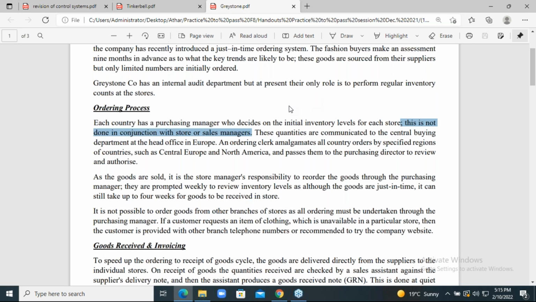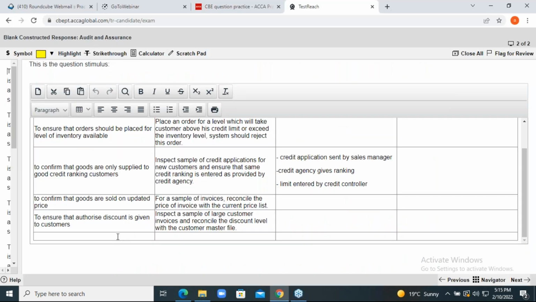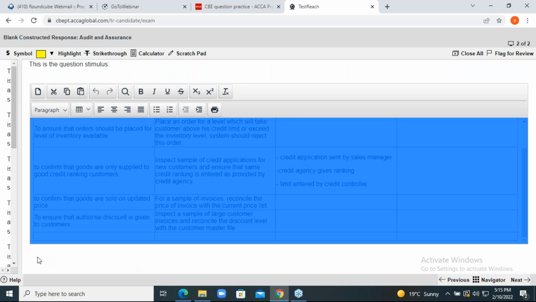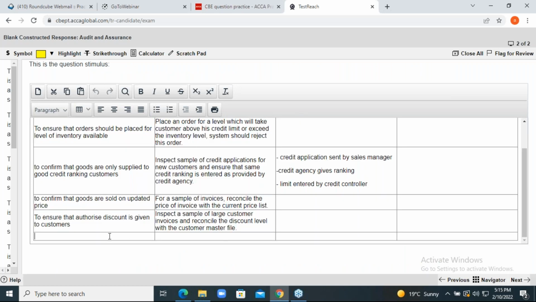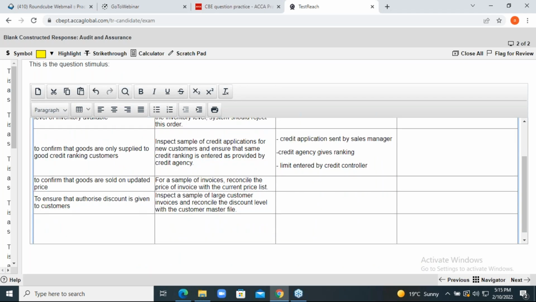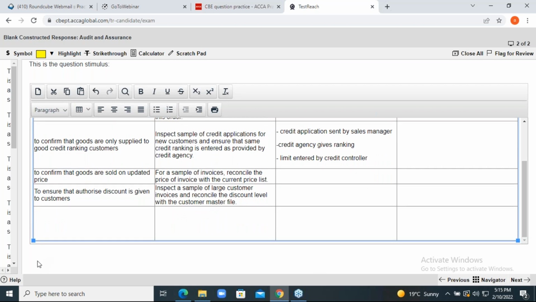Now what we are going to do, this is a control deficiency and we are going to write it. For example, we are going to write the control deficiency.